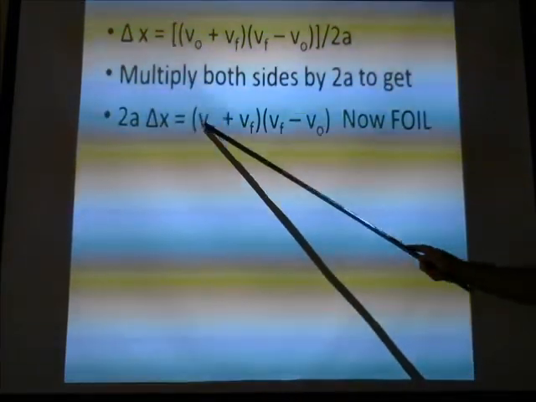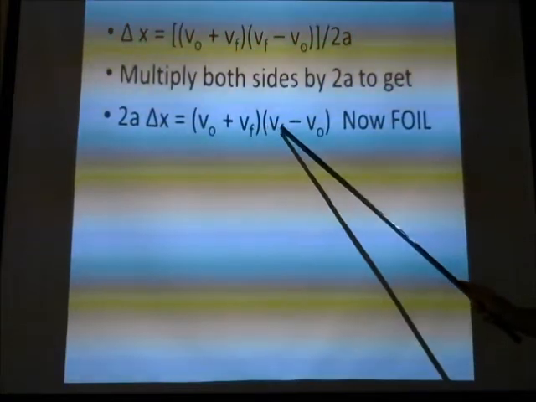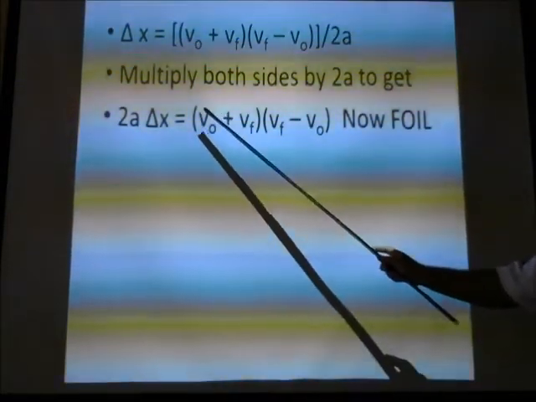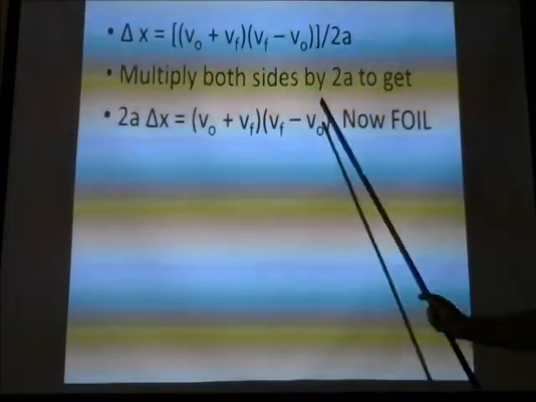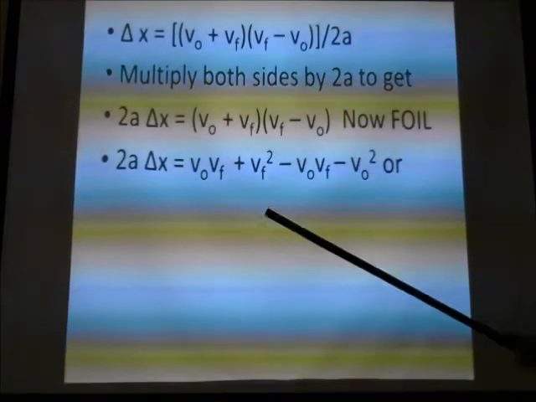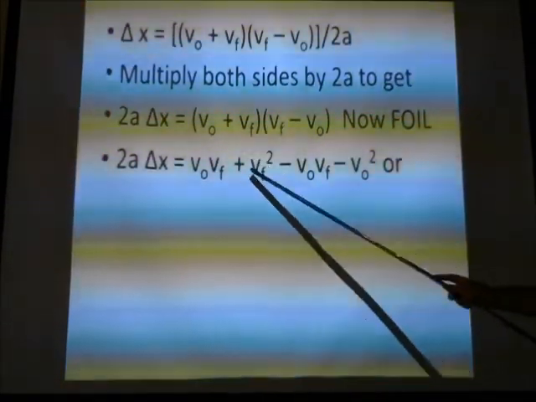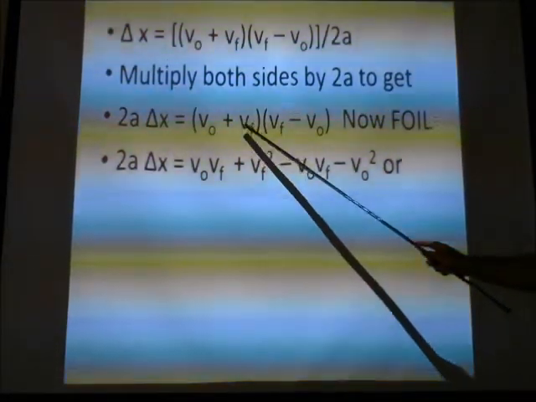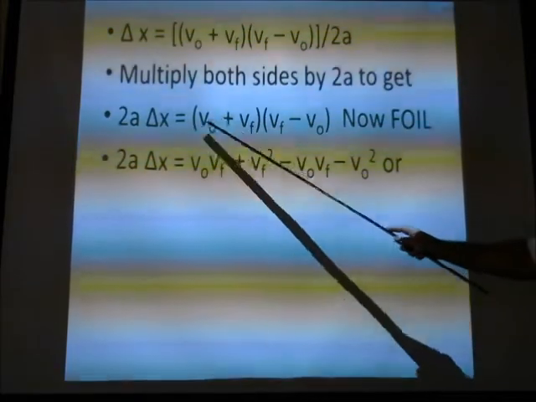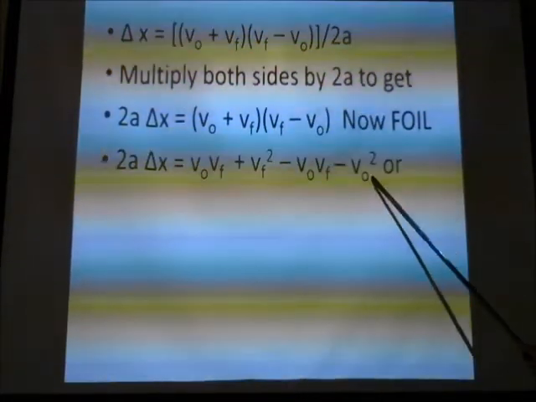And then notice I have two binomials, Vf plus V naught and Vf minus V naught. If I use FOIL, remember that old algebraic term, firsts, outsides, insides, and lasts, I get Vf times Vf is Vf squared. The outsides, Vf times minus V naught, and the insides, V naught times Vf, and the last one is V naught times minus V naught, which is minus V naught squared.